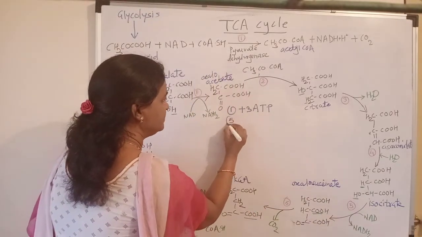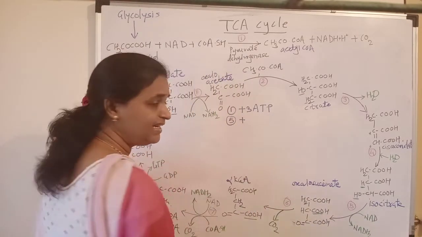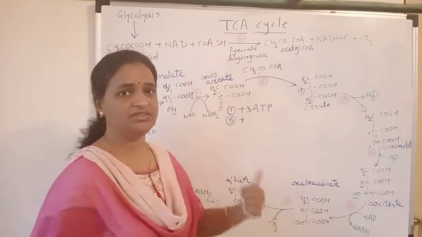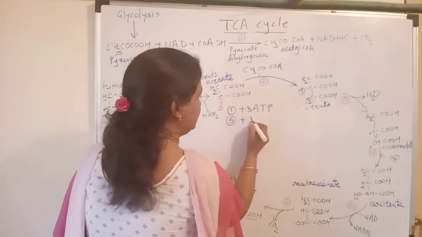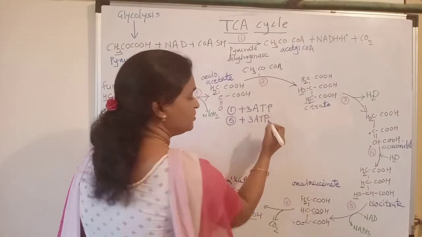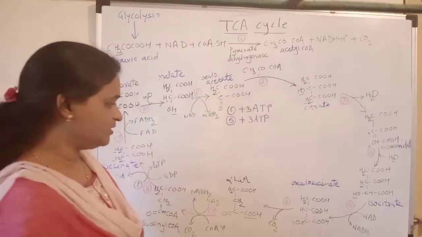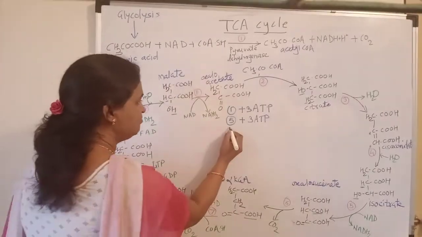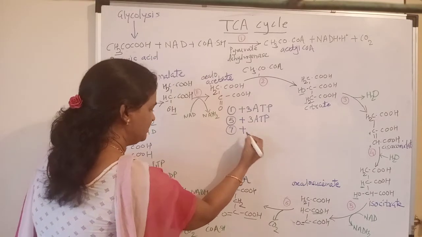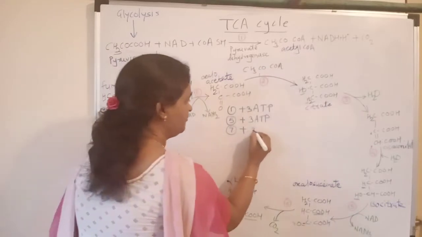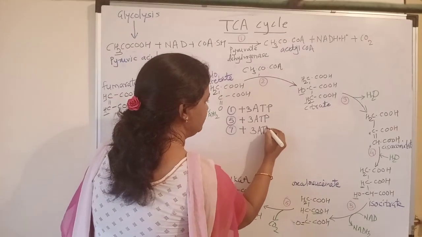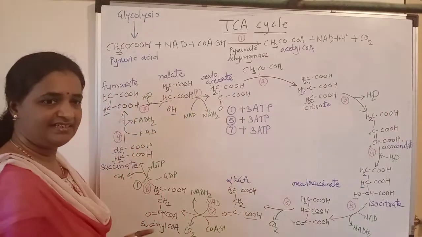At the fifth reaction again we get one NADH2. Large amount of reduced energy was generated in the TCA cycle. So at the fifth reaction again there is release of 3 ATP through oxidative phosphorylation. Then reaction number 7, where we get 1 NADH2 and obviously it gives 3 ATP. So plus 3 ATP.